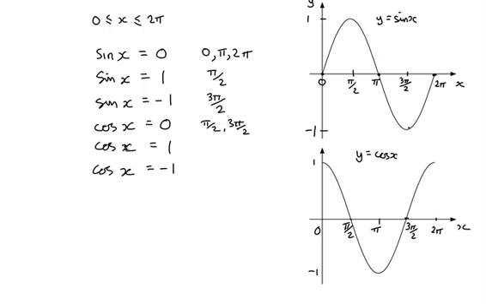What value does x take so that the cosine of x is 1? Well, that happens when the angle is 0, when x is 0, or 2 pi. There's two places on this graph where the cosine has a value of 1. It happens when x is 0 and 2 pi. So 0 and 2 pi.